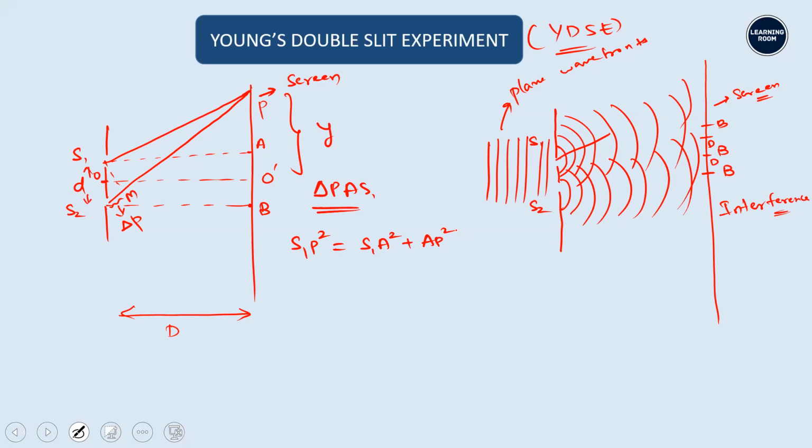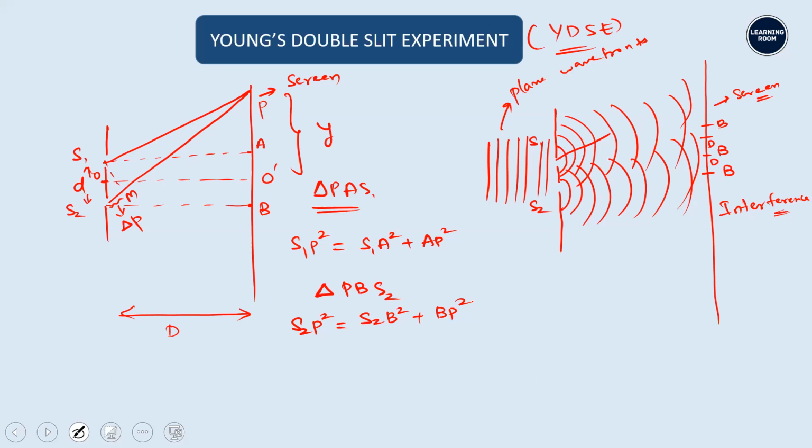So hypotenuse square is equal to S1A square plus AP square. Similarly, if I take the triangle PBS2, then I get S2P square equals S2B square plus BP square.